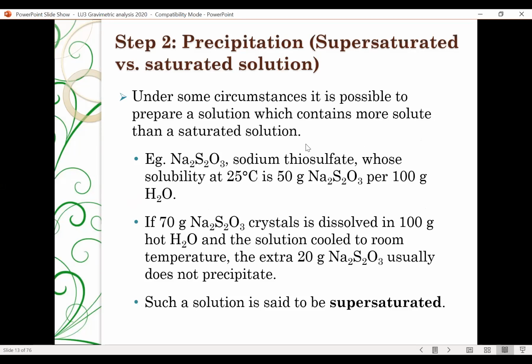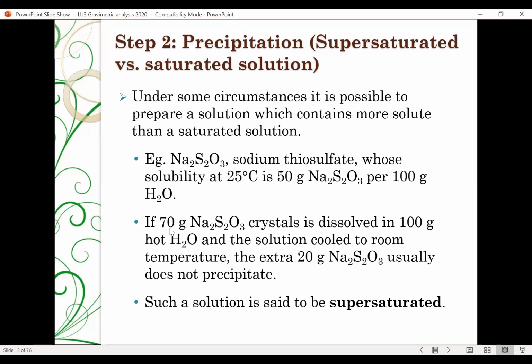This happens to some chemical compounds. For example, we have sodium thiosulfate, whose solubility at 25 degrees Celsius is 50 gram sodium thiosulfate per 100 gram of water. So we know that for every 100 gram of water, the solubility is 50 gram.